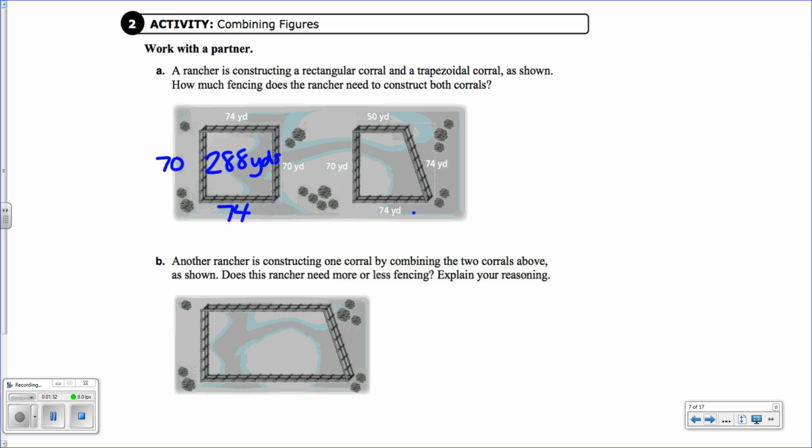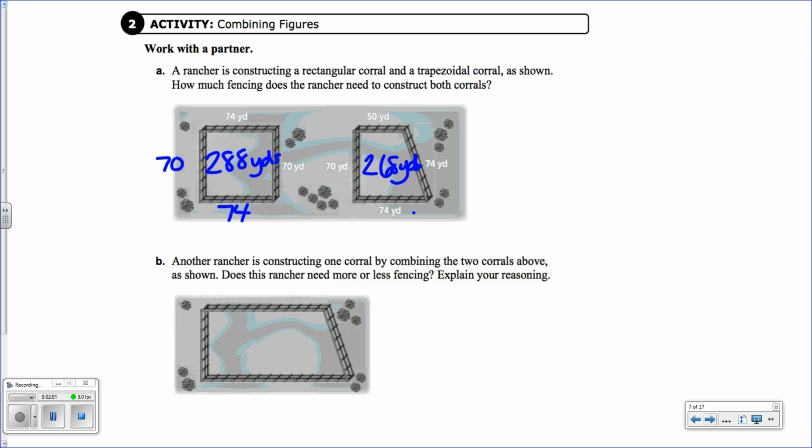For the trapezoid, you have two sides that are 74. And then you have a 50 side, and you have a 70 side, and when you add those all up, you should get, let's see here, 50 plus 70 plus... Looks like you get 268.